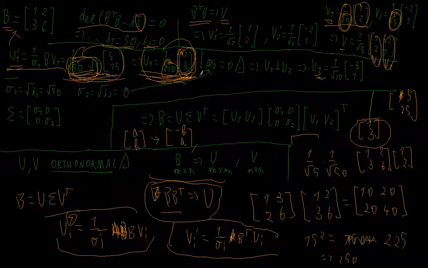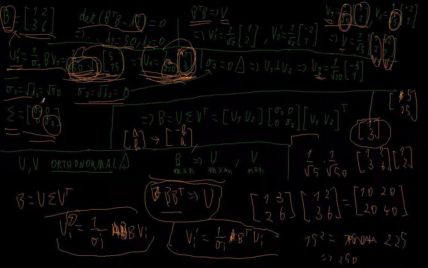Also remember, as we did, sigma sub 1 is the square root of lambda sub 1, so square root of 50. Sigma sub 2 is the square root of lambda sub 2, so 0. Our sigma matrix has the same size as our original matrix. Here we have a 2 by 2 matrix, so our sigma will be a 2 by 2 matrix. We put sigma sub 1 here and sigma sub 2 here.